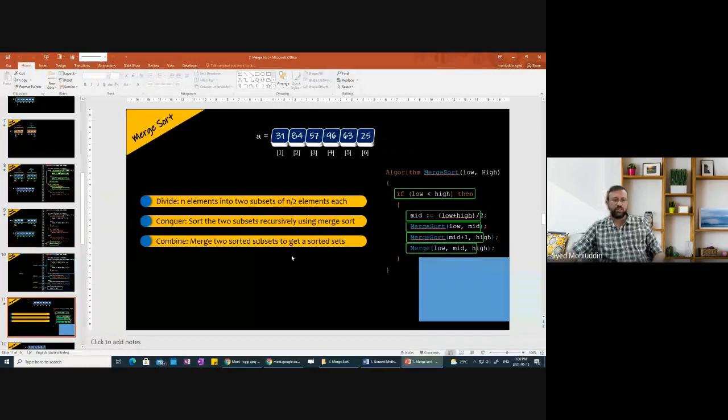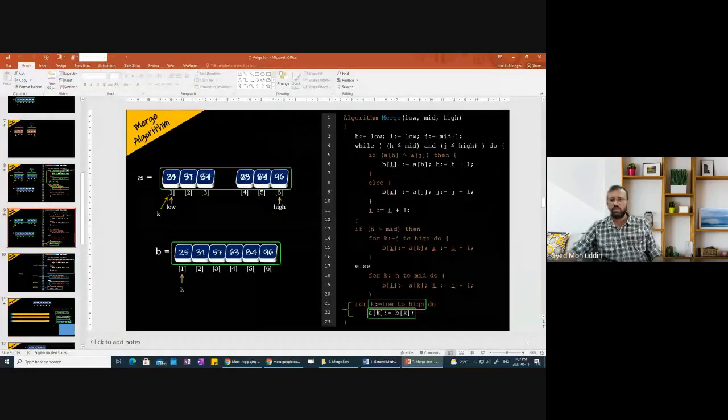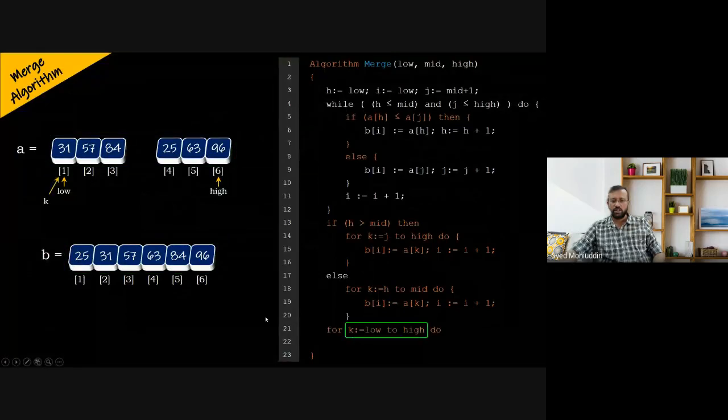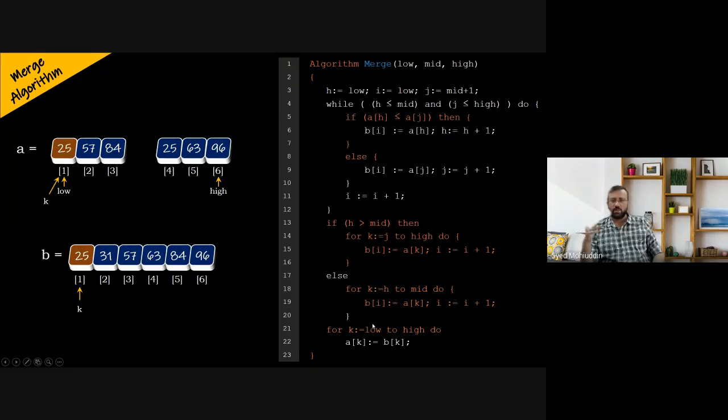Without writing the merge algorithm, merge sort is not complete. So this is the merge algorithm, and you also have to write it. Theoretically explain, but if it is specifically asked for the algorithm, you have to write the algorithm. Merge sort and merge, both these algorithms you have to write.